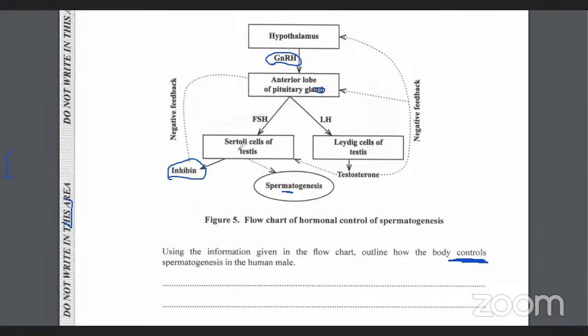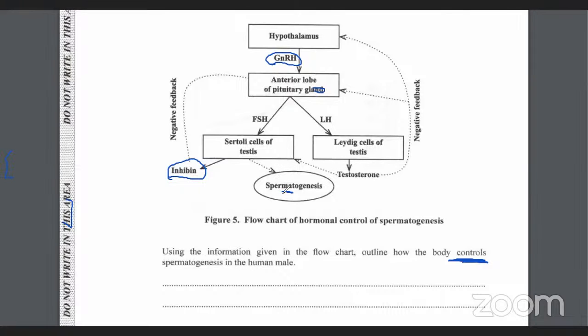Follicle-stimulating hormone goes to these cells, right? Spermatogenesis doesn't occur over here. Clearly, it is happening in these cells over here. So spermatogenesis will take place. Now, pay attention here, testosterone goes here as well.